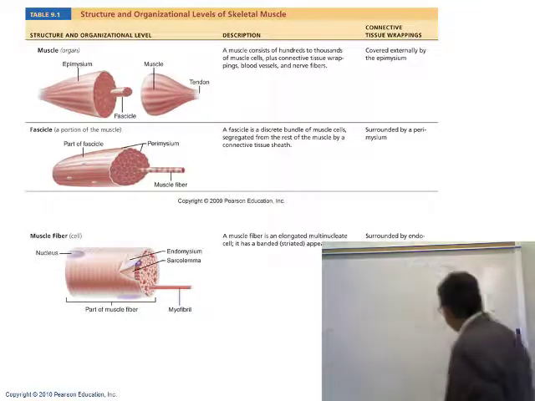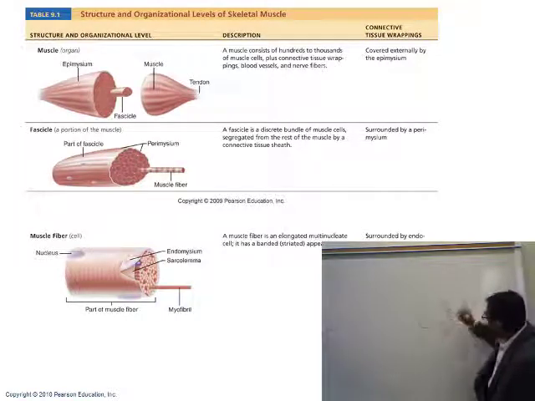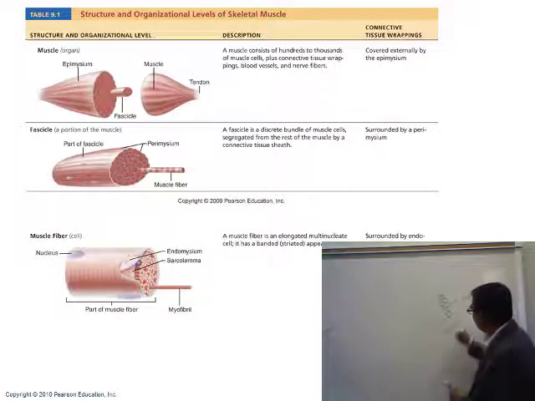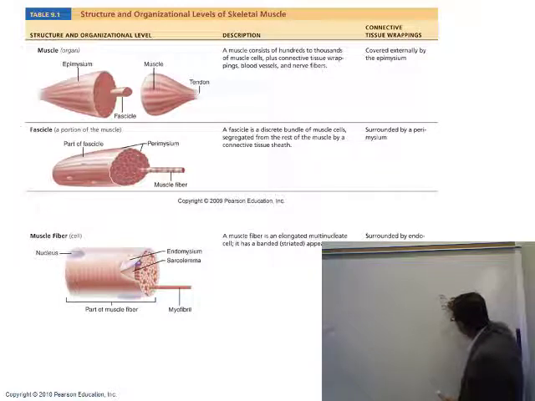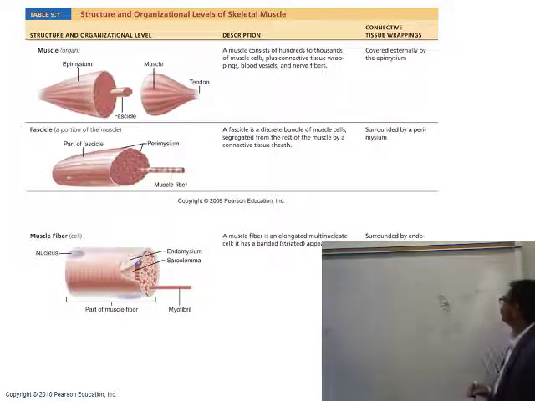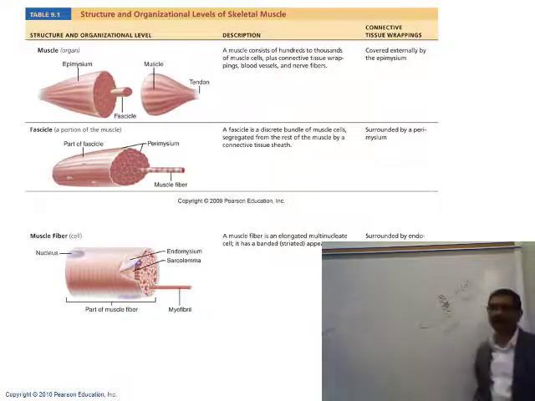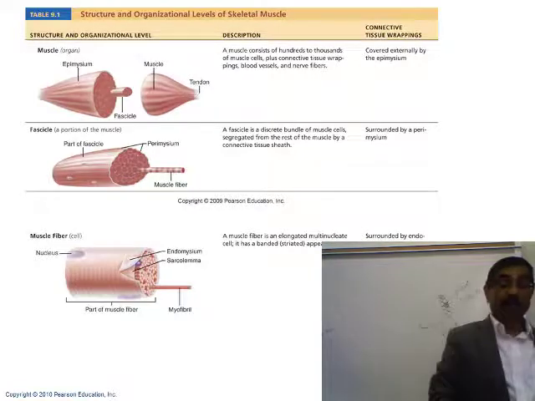And now, if you see inside a fascicle, you will see again many columnar structures. These are called muscle fibers. Okay, beautiful.